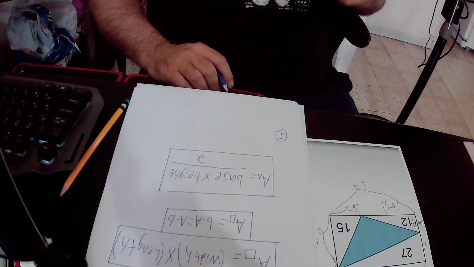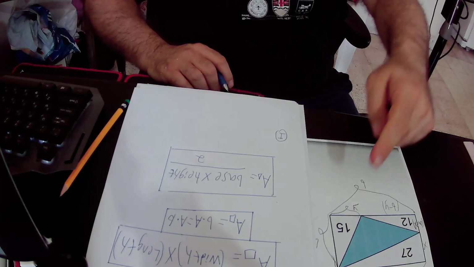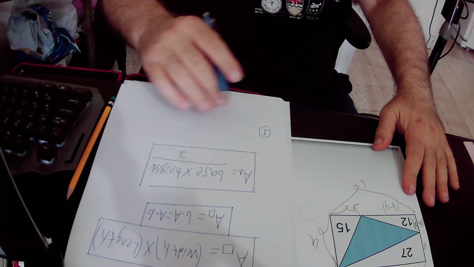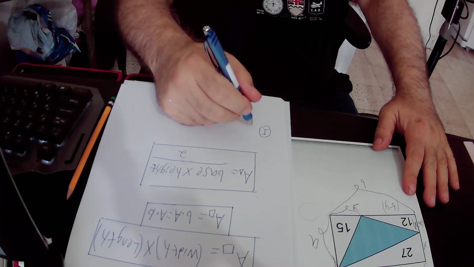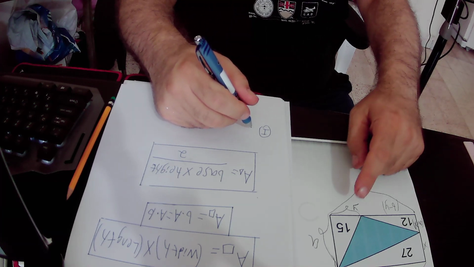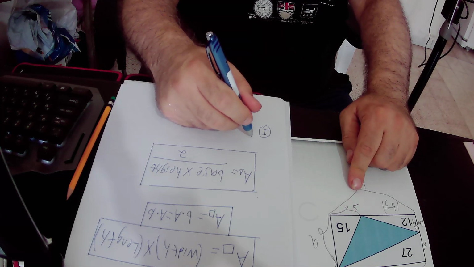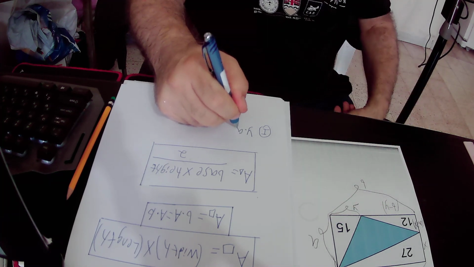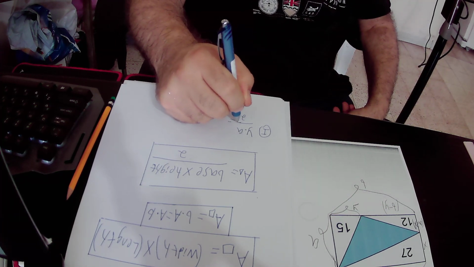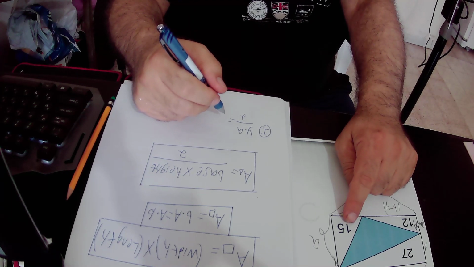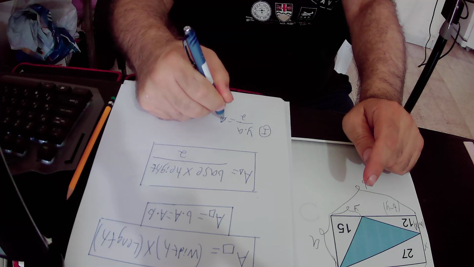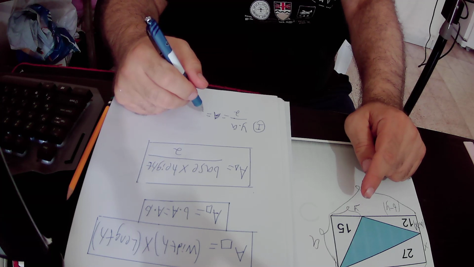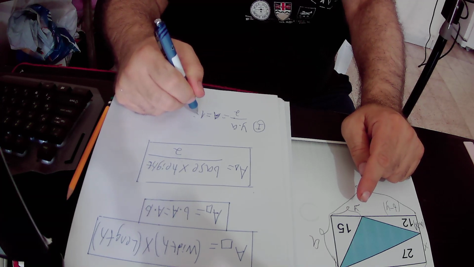The formula for this area is the base of the triangle that is Y times the height of the triangle that is A divided by 2 equals the area of this triangle, but we already know that the area equals 15 units, so we will write it down.